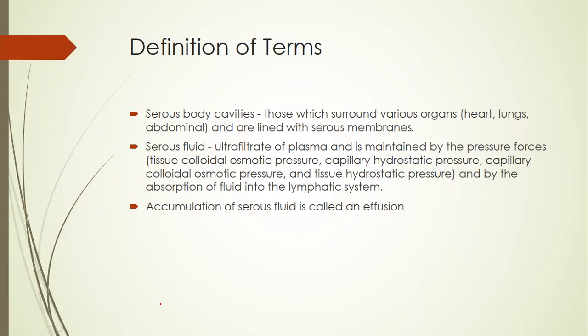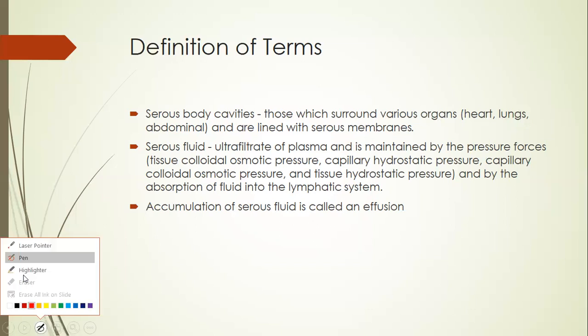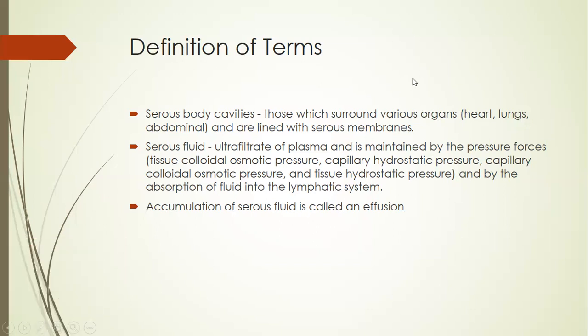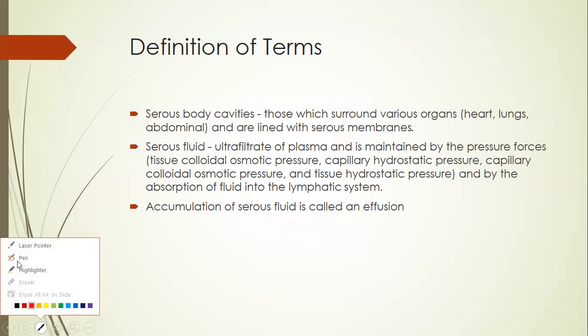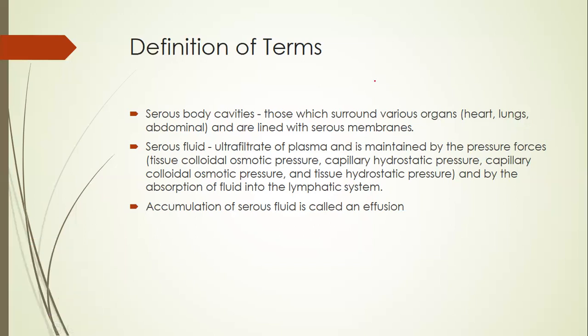Supposing this is your heart, the heart is lined by a membrane, and this membrane directly enclosing the heart, or any of these organs, is what we call the visceral membrane.